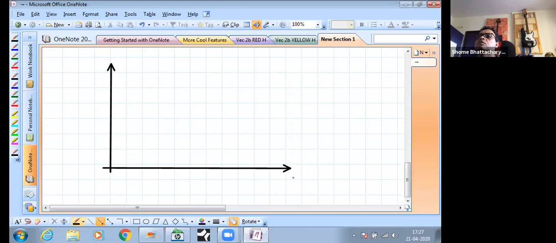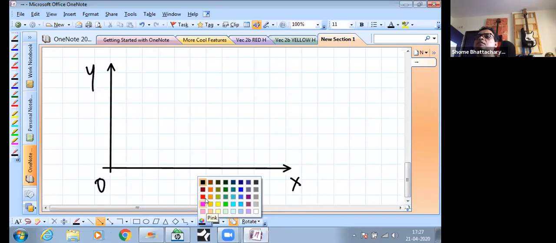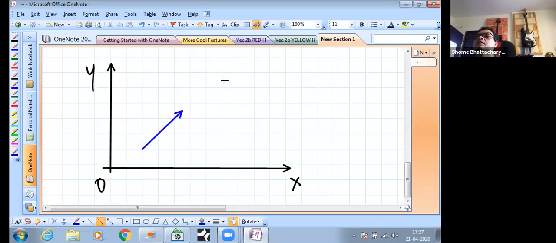So this is the x and this is the y axis, and the vector E is like this.